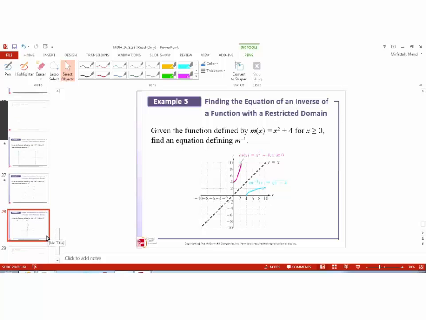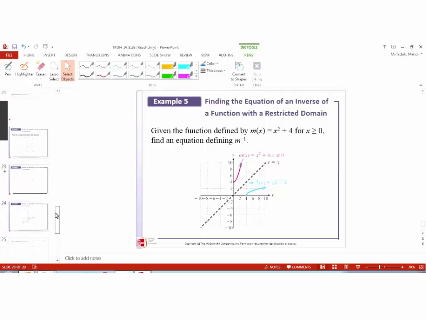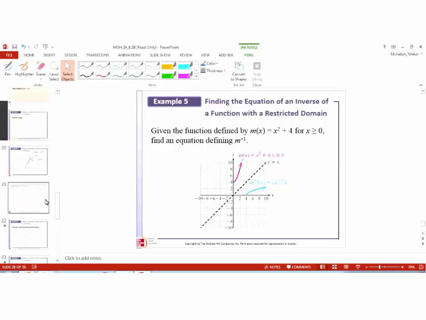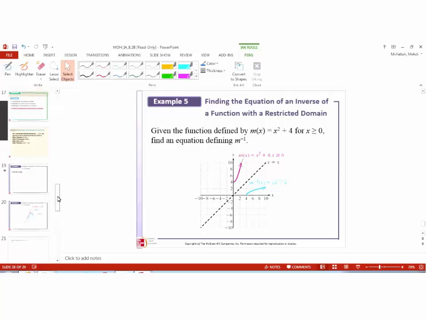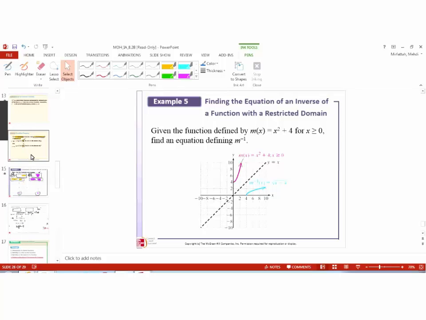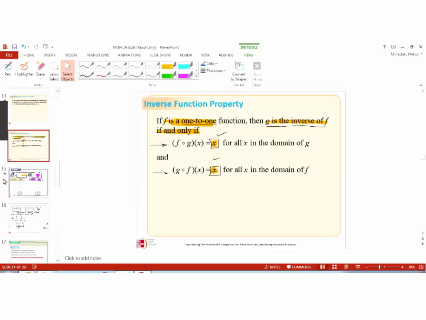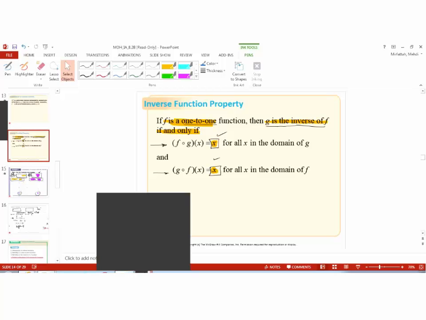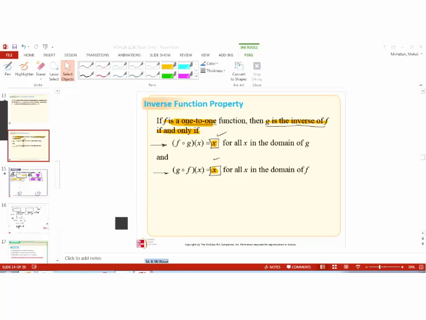So this would be a graph of the inverse function, but again, there are 2 steps involved to find the inverse. You replace x with y and y with x, and you solve for y, and then we can use this property here to verify also whether they are inverse of each other. So these are the things you need to know for inverse functions, primarily for the next exam.